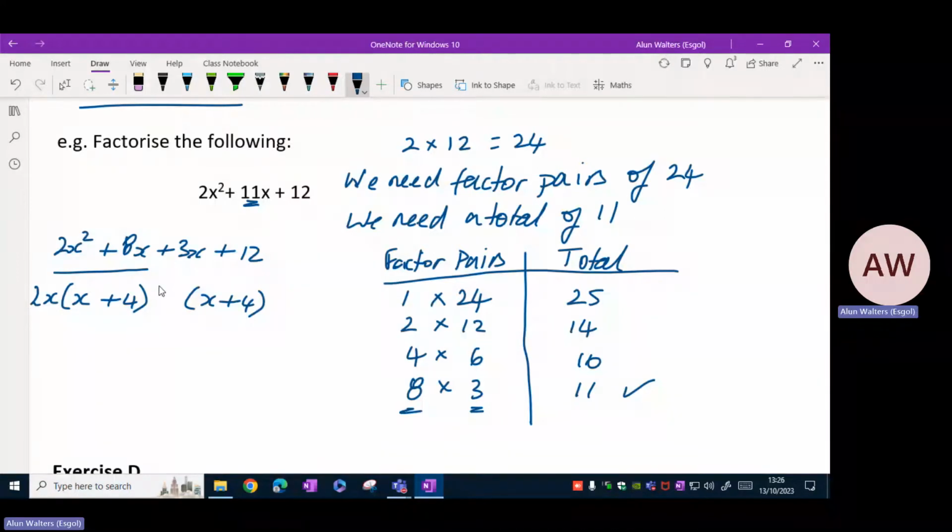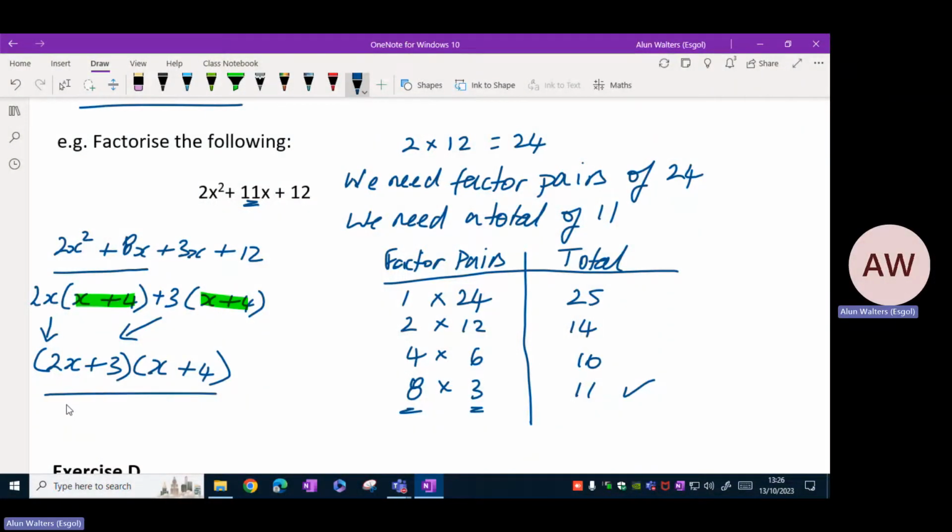I multiply it by 3, so I must write plus 3. It's not acceptable to just write 3. And then I combine these two to create the first bracket. And then the second bracket, these are always the same, so they create the second bracket. So that is our solution.